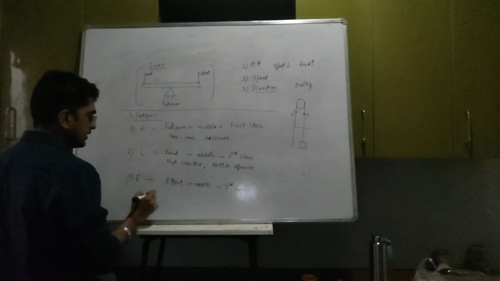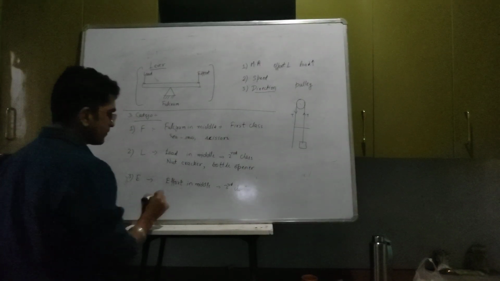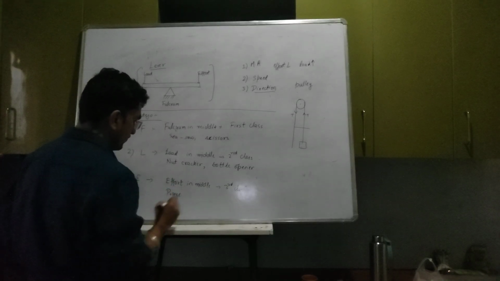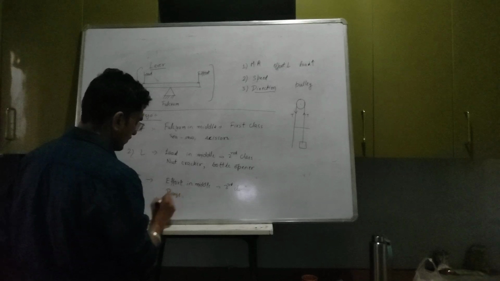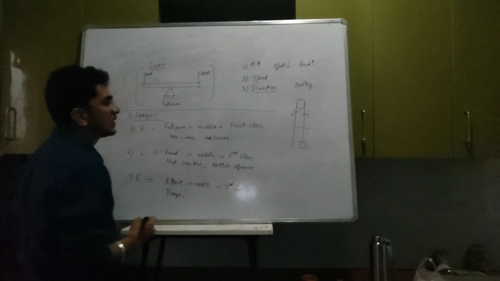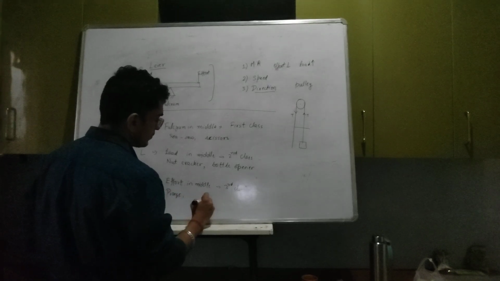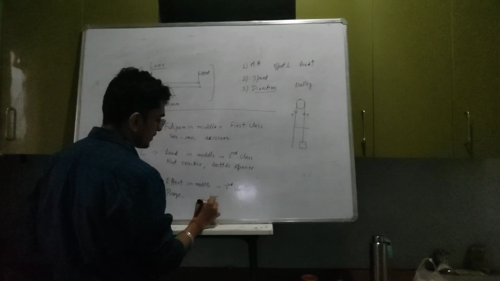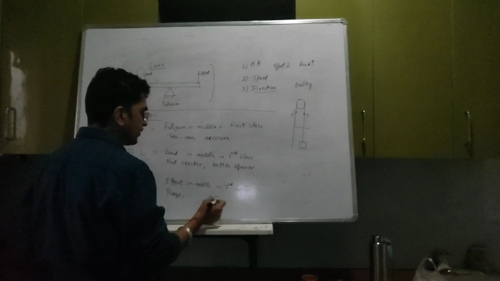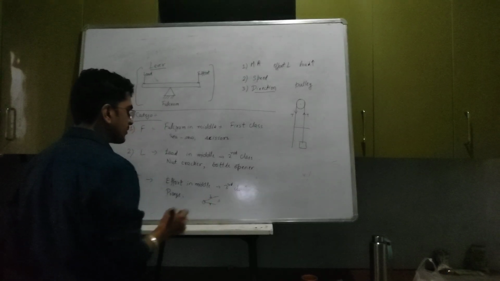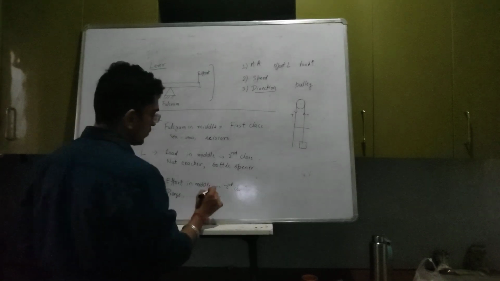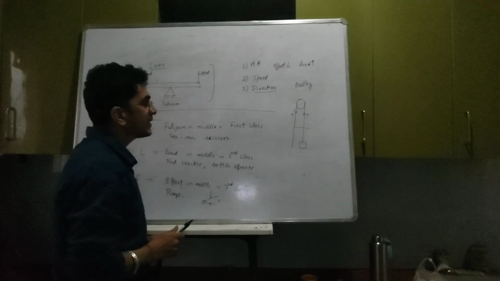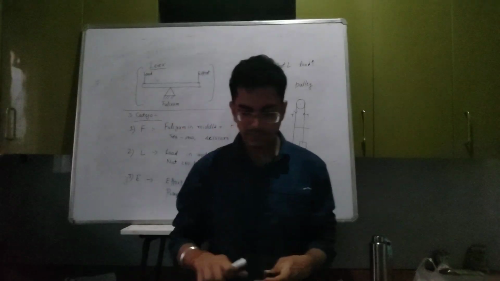An example of the third class of lever, when effort is in the middle, is prongs, or chimta. In household you use chimta, in which effort is applied in the middle and load is kept at one end, fulcrum is at another end. So that type of lever is called third class of lever. That's it for today.